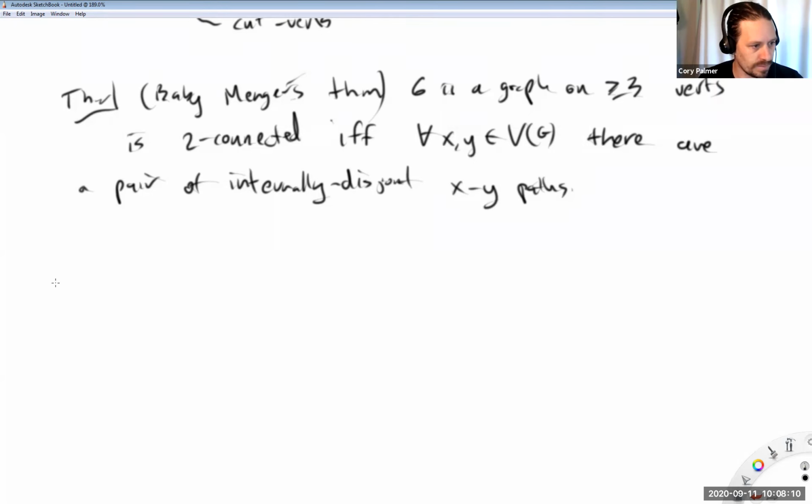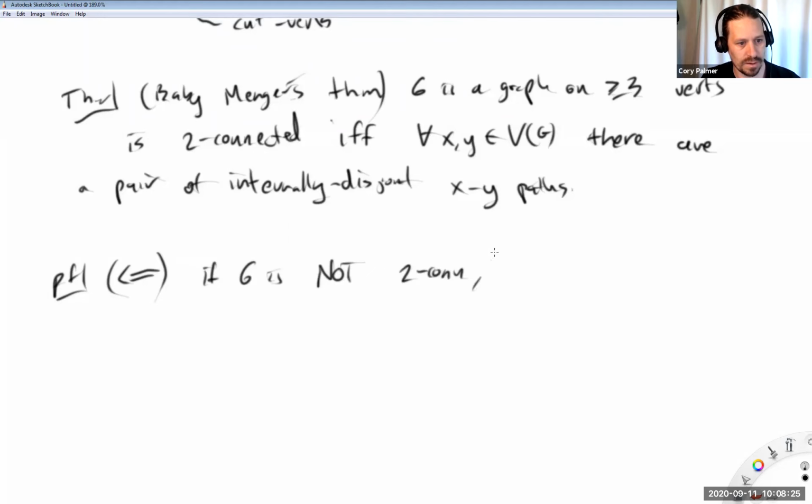Okay, so the proof. It's an if and only if, so we'll prove both directions. I'll start off by proving the contrapositive of the reverse direction. So if G is not 2 connected, then one of 2 things happens. It's either simply not connected at all, or it's only 1 connected. That's the only alternatives.